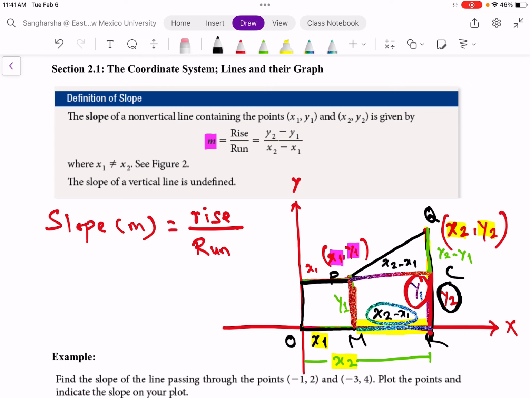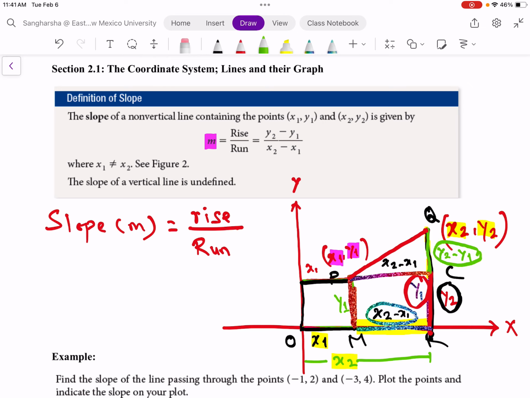Now we focus on our line PQ. For this line, which one is the rise? Our rise is QC, which is y2 minus y1.